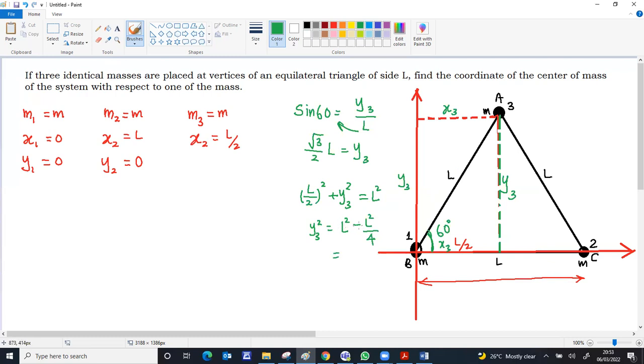Subtracting with LCM, 4L square minus L square is 3L square by 4. That's y3 square. So y3 will be root 3 L by 2. Whichever way you do it, y3 is root 3 L by 2. The easiest one is the first method, two steps and you get it.